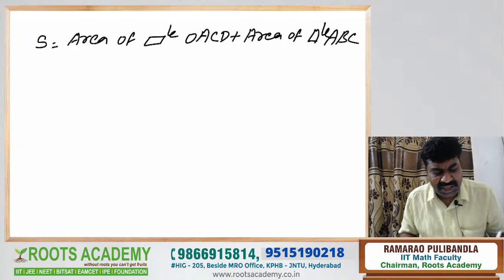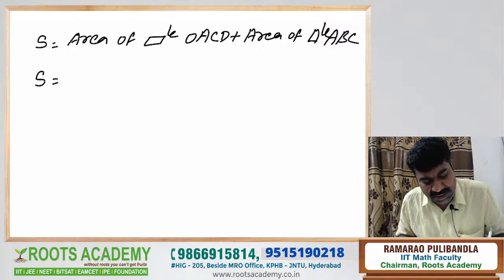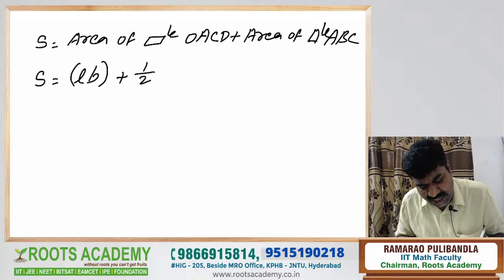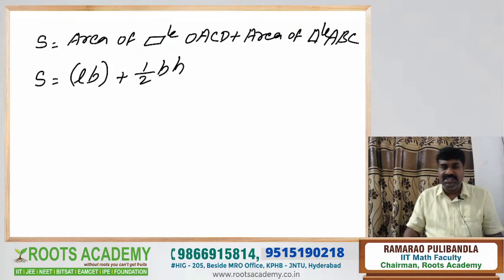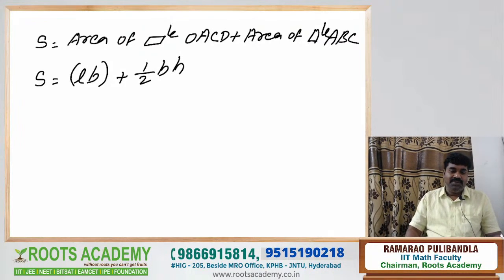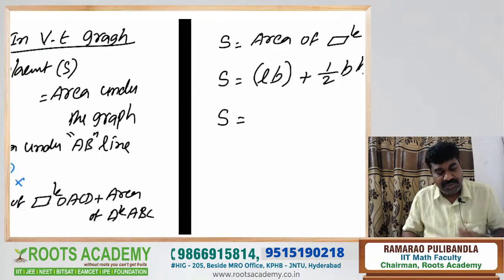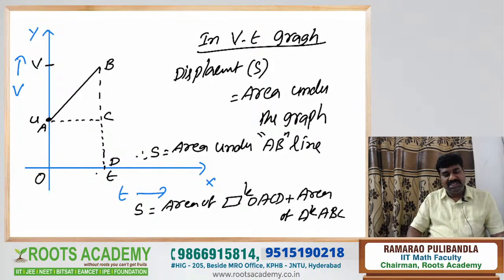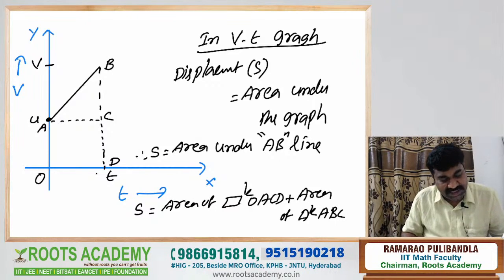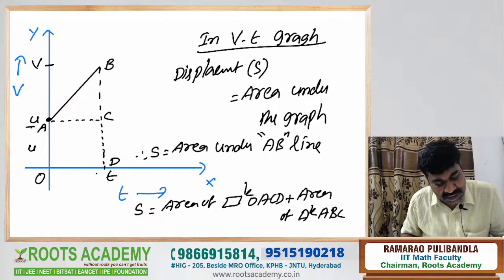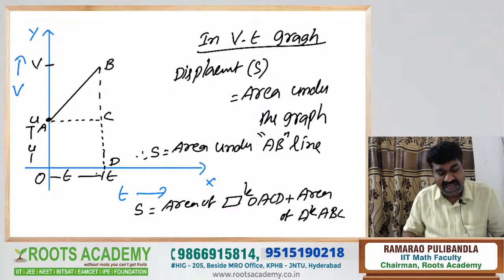What is the formula for the area of the rectangle? Area of the rectangle is length into breadth, plus the area of the triangle is half base into height. So the displacement S is equal to... here this is the rectangle OACD. Here u is the breadth and time is the length.